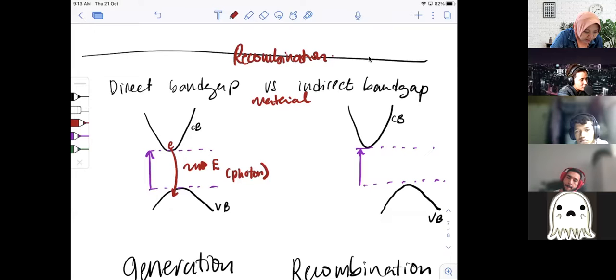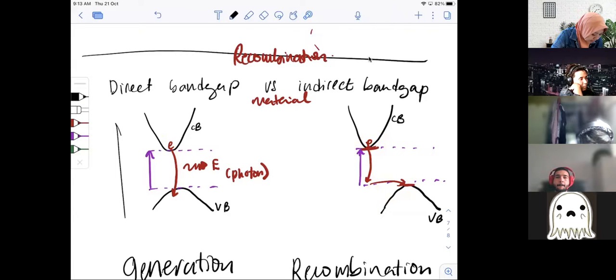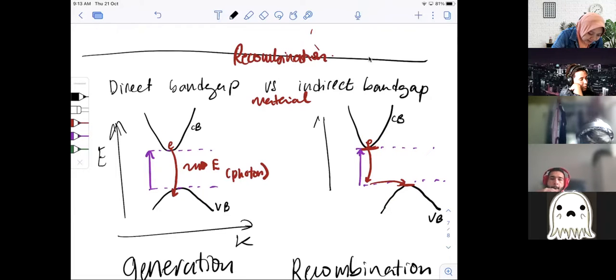Direct band gap is easy: if it recombines, it will go directly like this. But for indirect band gap, if there's recombination, it will go two ways. I forgot to tell you, this axis is energy and this axis is momentum.